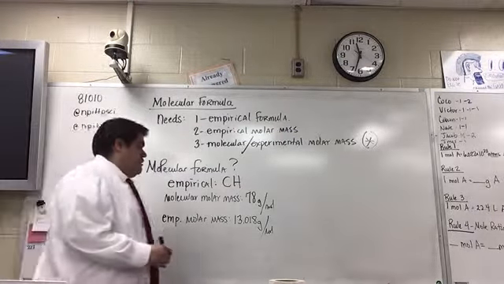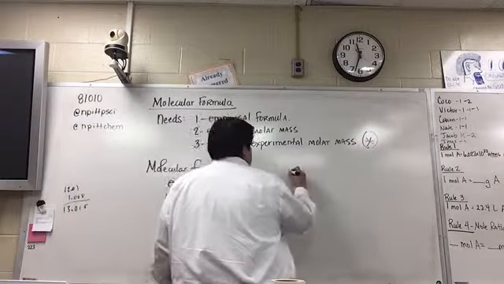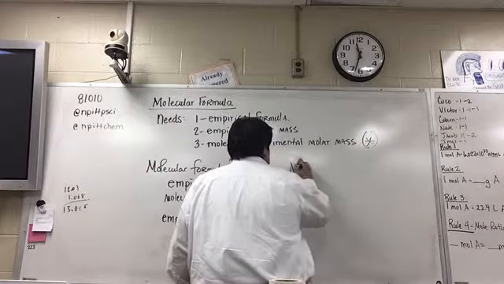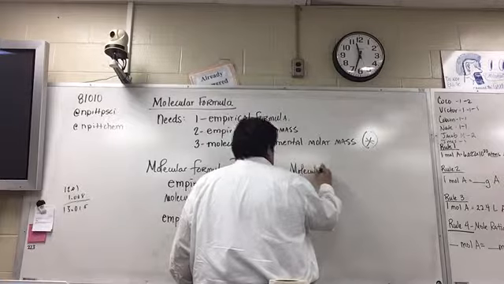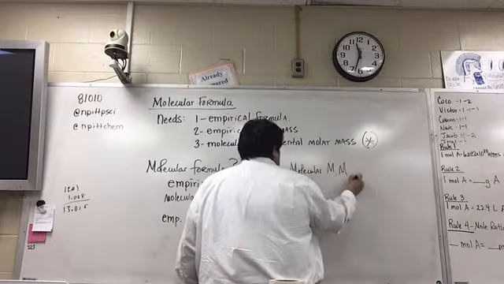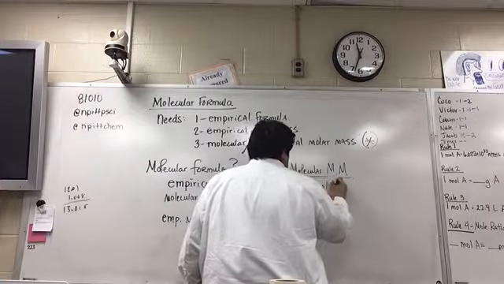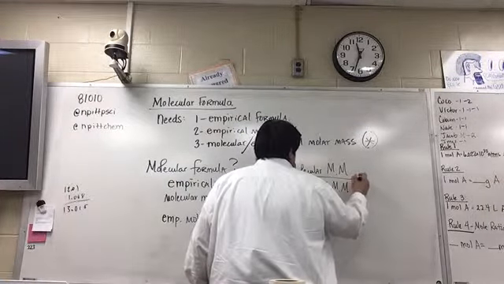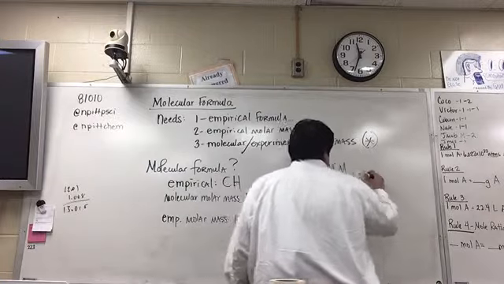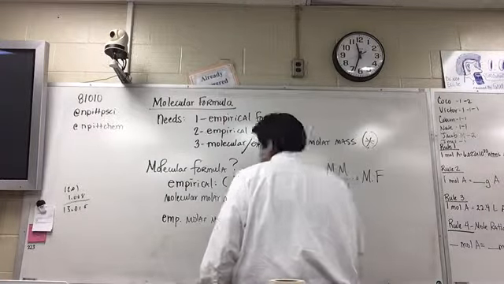All right? So now when I get to work, all I got to do is simply take the molecular molar mass divided by the empirical molar mass, all right? And that's going to get me my multiplying factor.